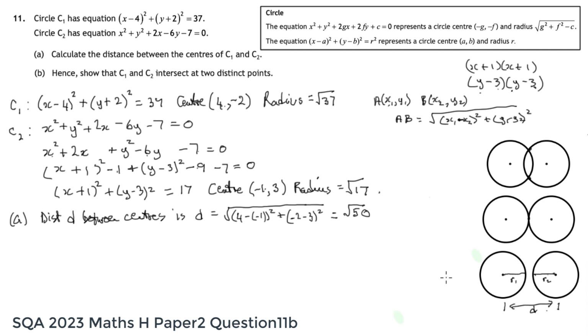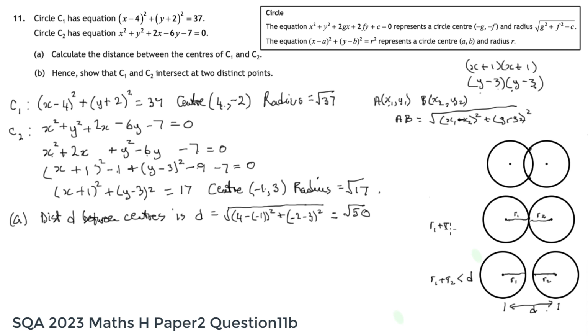So if they don't intersect, then we can see that r1 plus r2 is a smaller number than the distance between the centres. r1 plus r2 is less than d. In this case, I think you'll agree that if you add up the two radii, you'll end up with exactly the distance between the two centres.